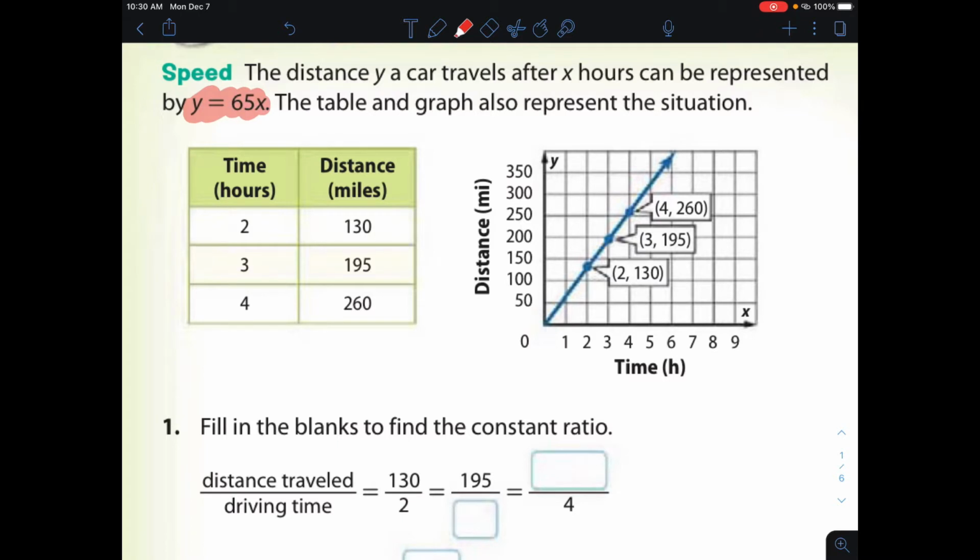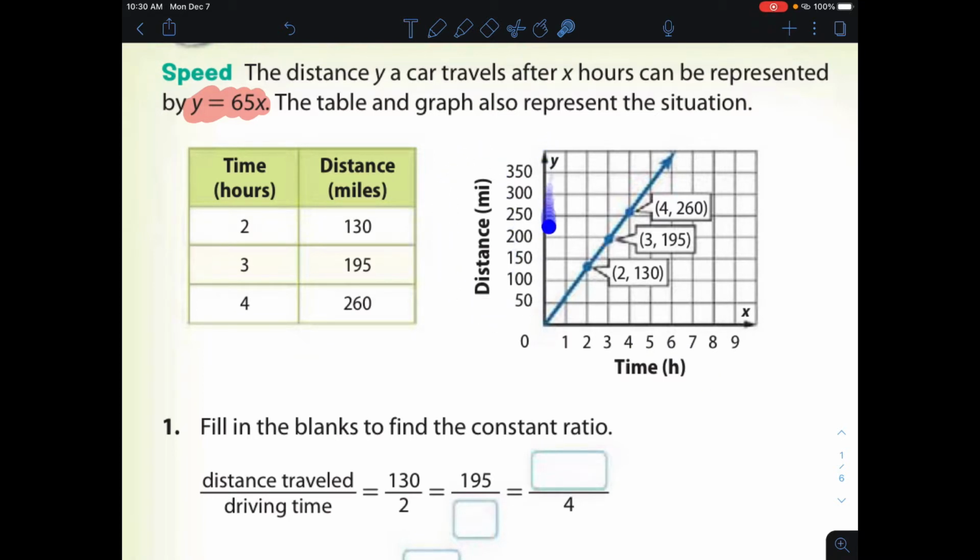Okay? So you have y right here and x. And y and x here refer to our graph right here. And in our graph, you can see that on the x-axis is time, and on the y-axis is distance.